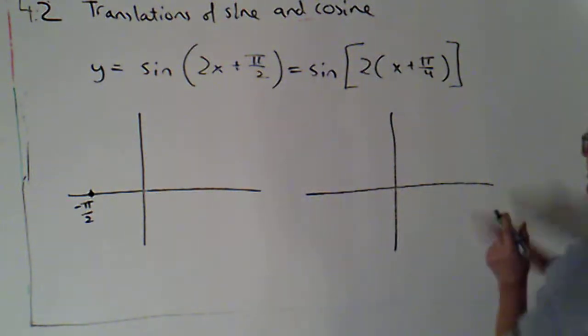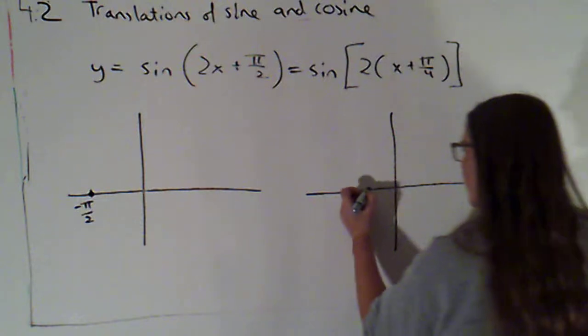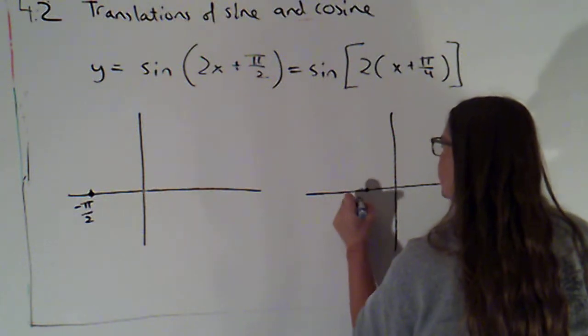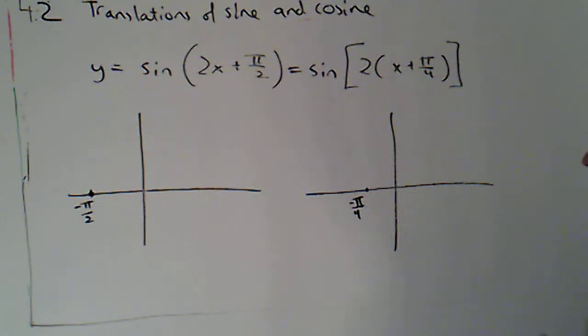Whereas if I shrunk by a factor of 1/2 and shifted to the left pi over 4, that would give me a point of negative pi over 4, 0. So let's just plug in and see which one works.